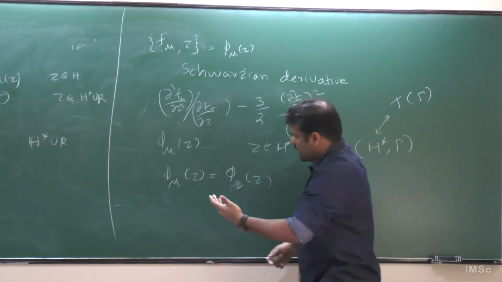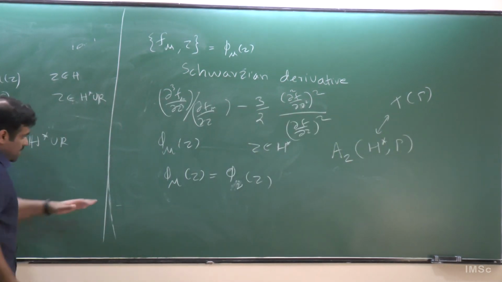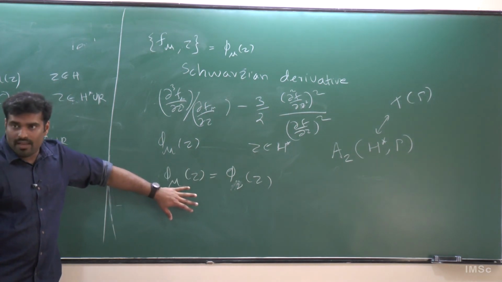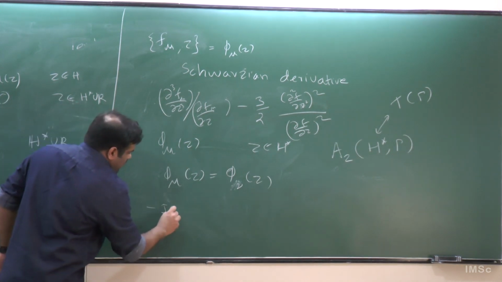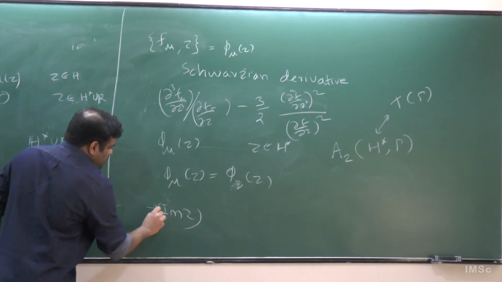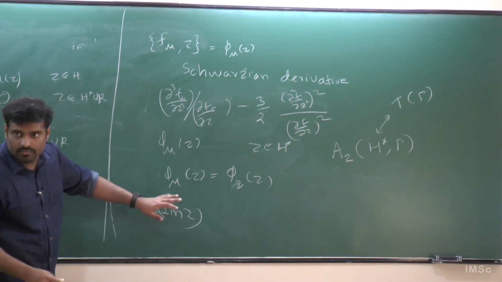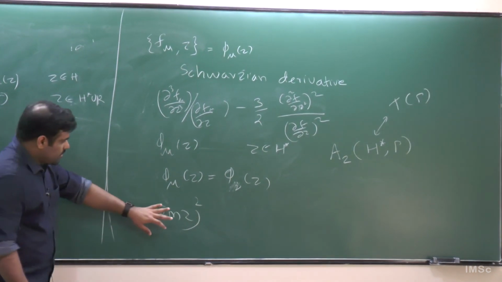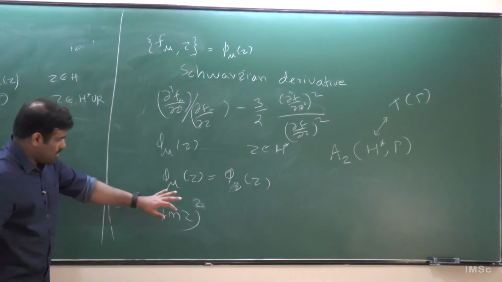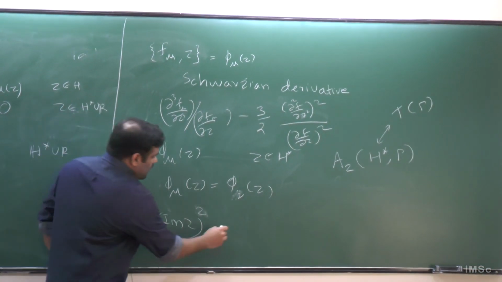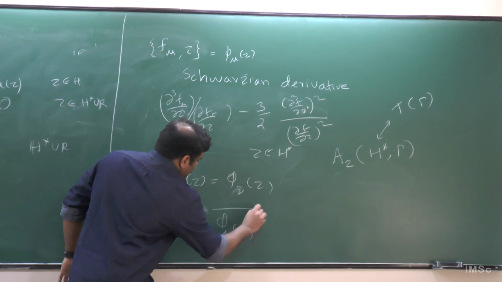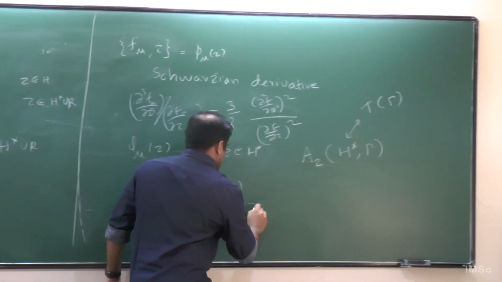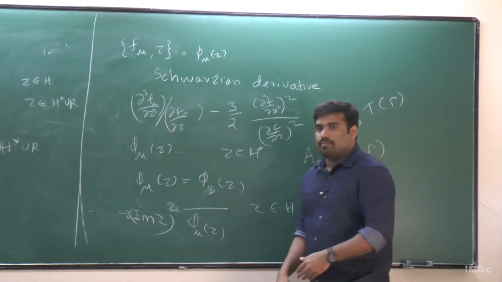Now we have an important statement. You take this phi mu and multiply it with minus 2, which is just a conventional factor. Take the imaginary part of zeta, square it, and multiply by phi mu of zeta and the conjugate of phi mu of zeta. Here zeta belongs to the upper half plane instead of the lower half plane.